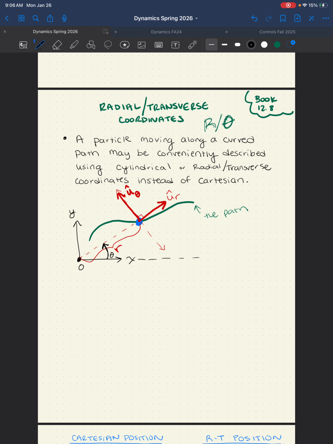We said u hat r, the unit vector in the radial direction, is in the direction of increasing r when theta is held constant or fixed.